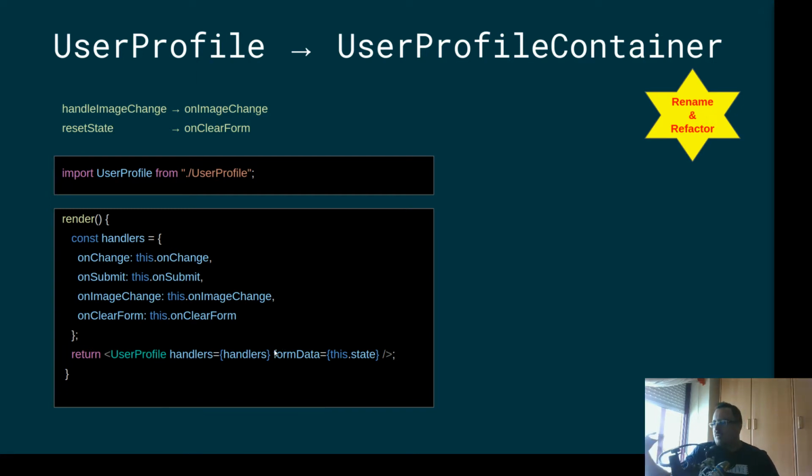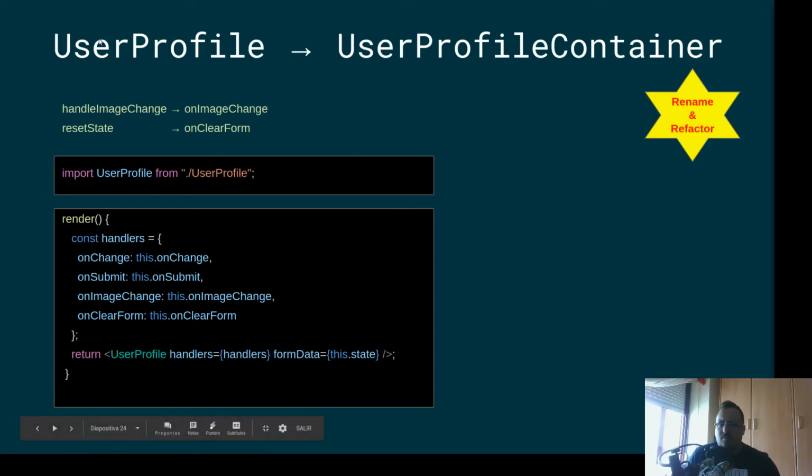So we can access all the handlers like handlers dot on wherever. I just renamed them to be easier to read: on change event, on submit event, on image change event, and on clear form. That's like the old reset state.